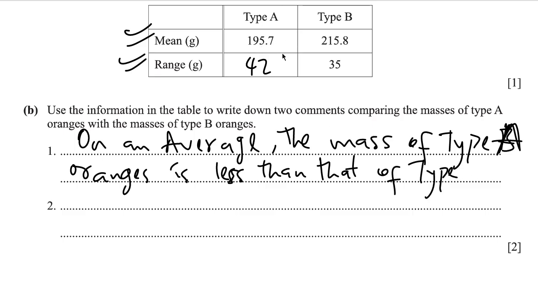This is the average mass of type A, 195.7, and in this case 215.8. So the mass on an average of type B oranges is greater than that of type A oranges, right? And type A is less than. Any of those statements will be accepted.